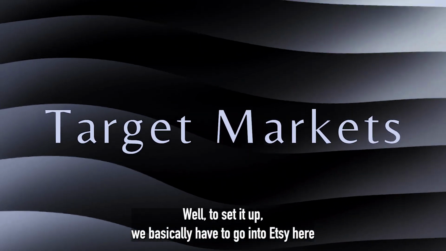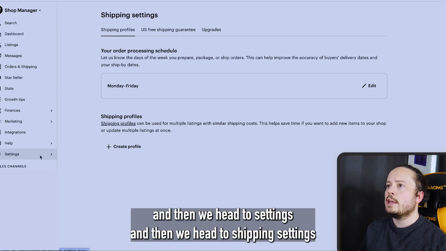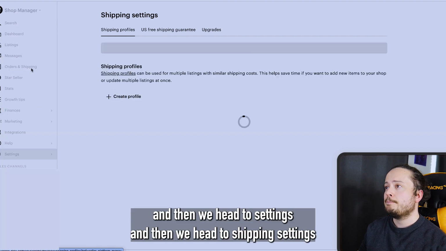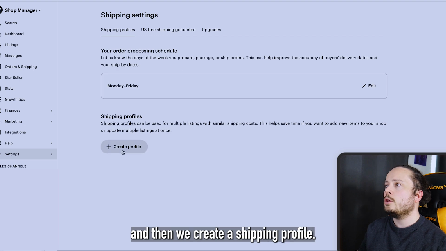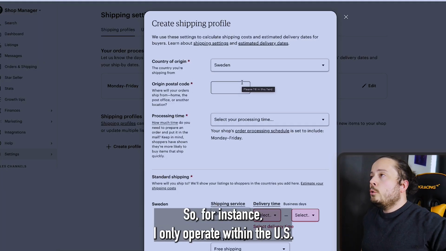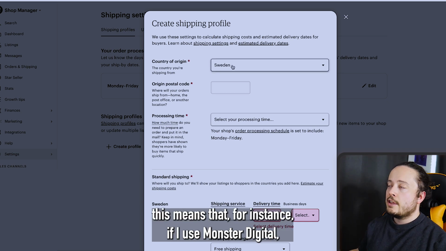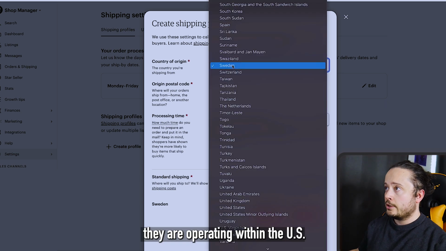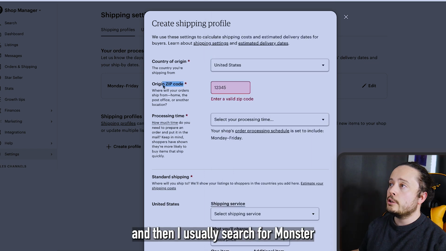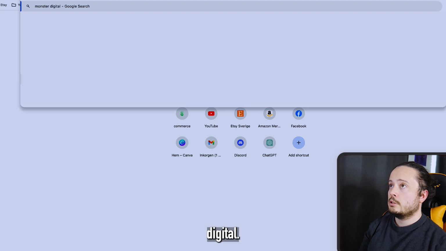Well, to set it up, we basically have to go into Etsy here, and then we head to settings, then shipping settings, and then we create a shipping profile. So for instance, I only operate within the US. This means that, for instance, if I use Monster Digital, they are operating within the US, and then I usually just search for Monster Digital.